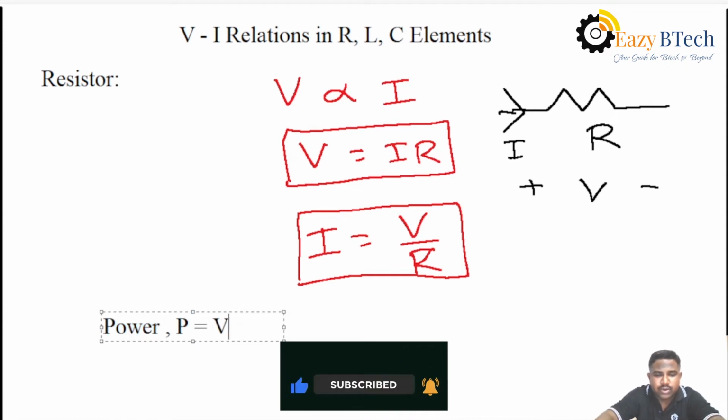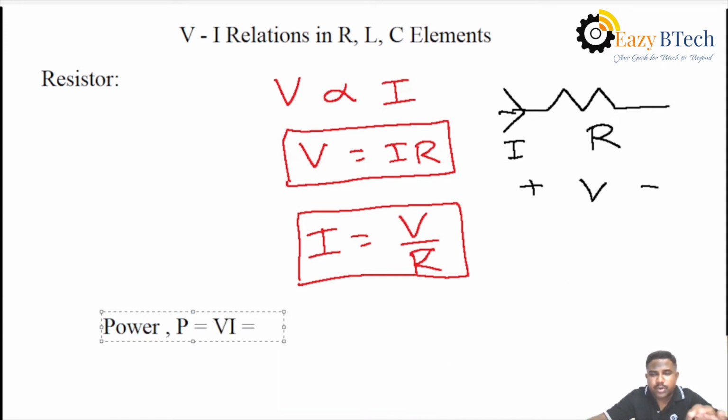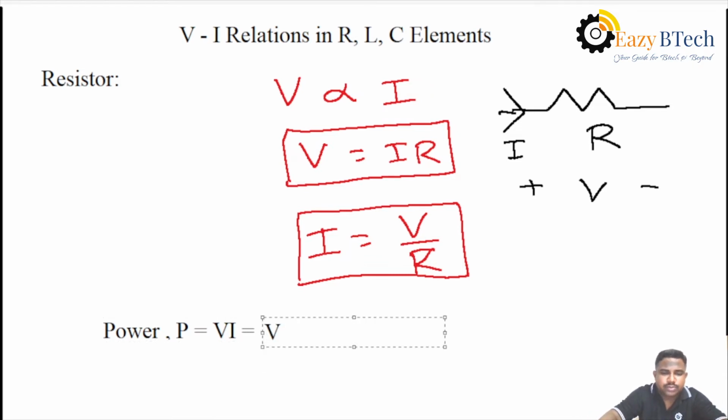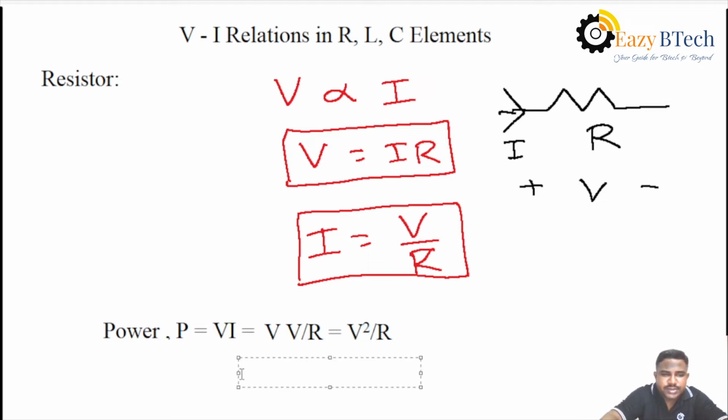That is, P equal to V into I. The product of voltage and current is nothing but the power loss in the element. If we know the voltage value, then the current can be replaced by V by R, so the formula becomes V square by R. This is the power loss in terms of voltage.